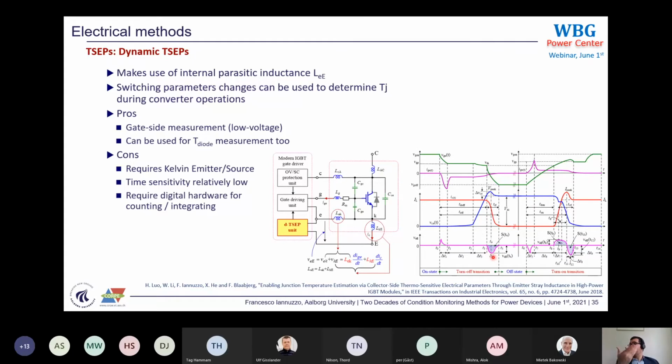And again, it is not enough. You can do a lot more. For example, during turn on, you know there is this peak, and this peak is related to reverse recovery of the freewheeling diode. This reverse recovery is a well-known phenomenon, but it is temperature dependent.